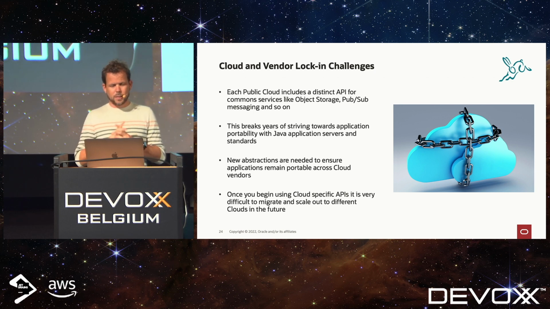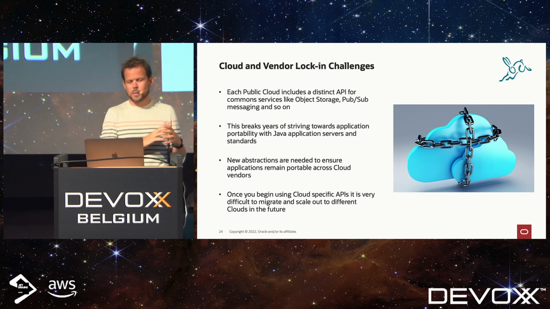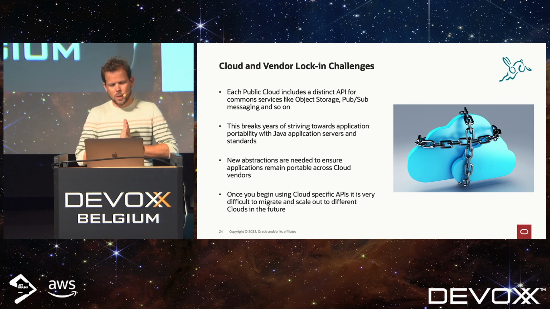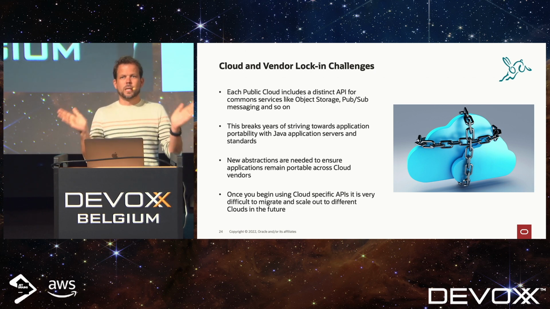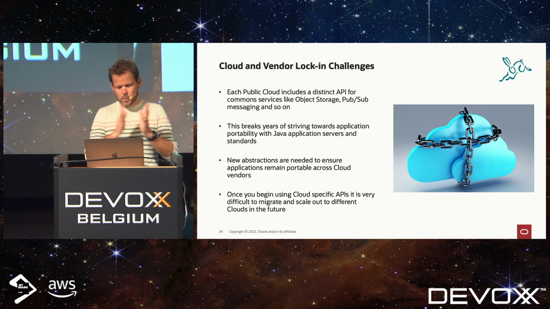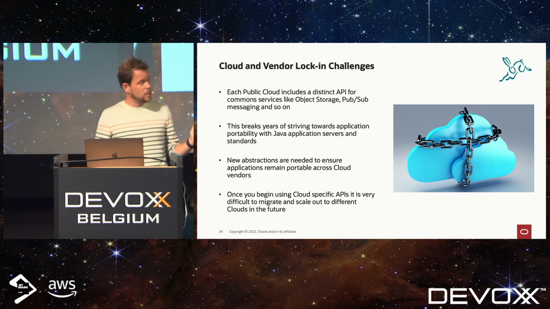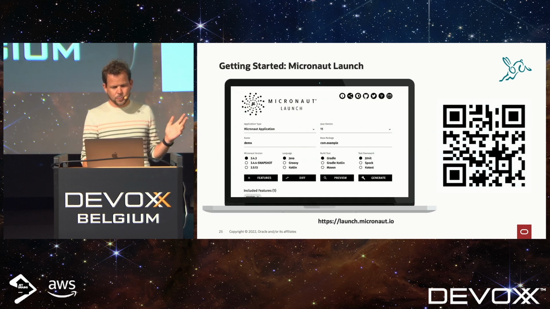But that does kill your cloud application portability if you ever want to move it to a different cloud, or maximize the cloud resources available to you, right, and deploy it to multiple clouds at the same time. So in general, you should try and avoid vendor lock-in where possible.